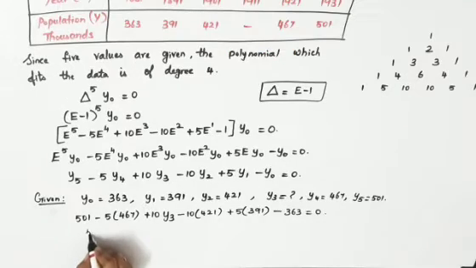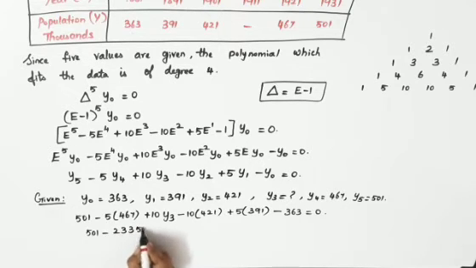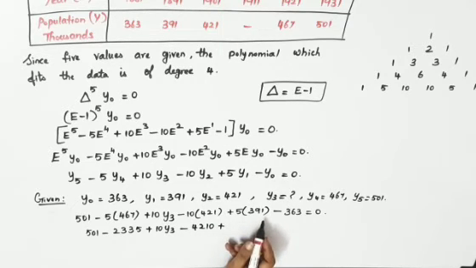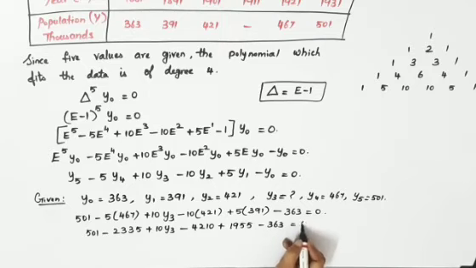So now 501 minus 5 into 467 I get it as 2335 plus 10 y3 as it is minus 10 into 421 is 4210 plus 5 into 391 is 1955 minus 363 is equal to 0.